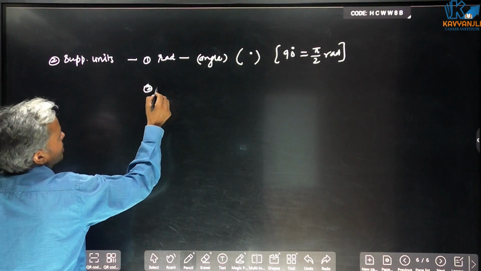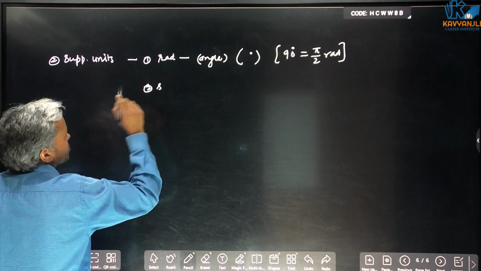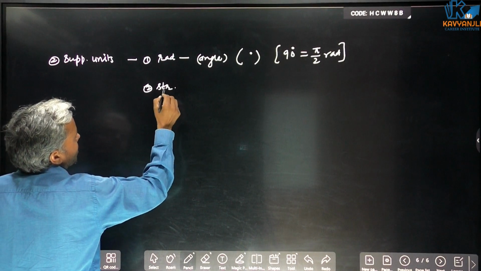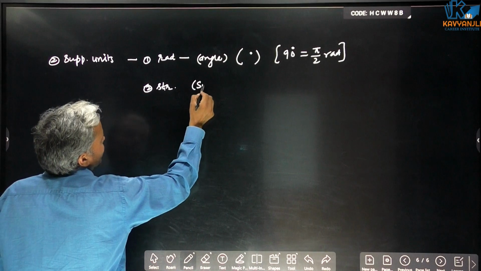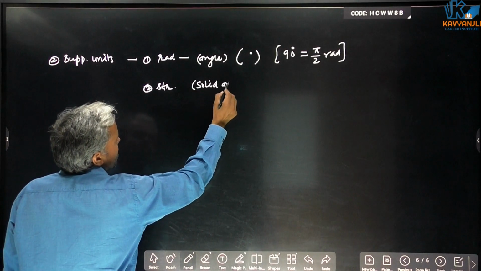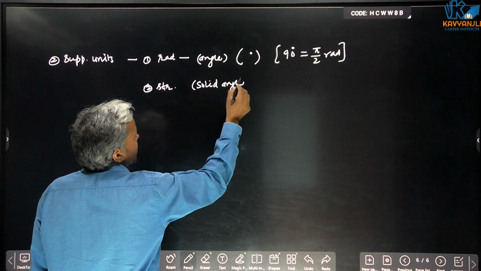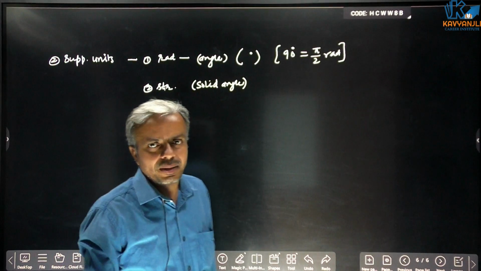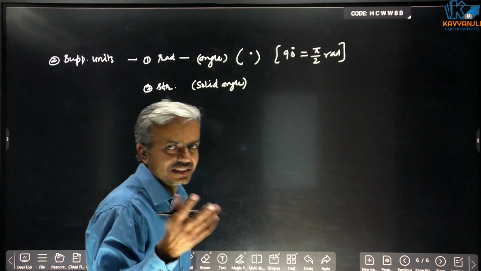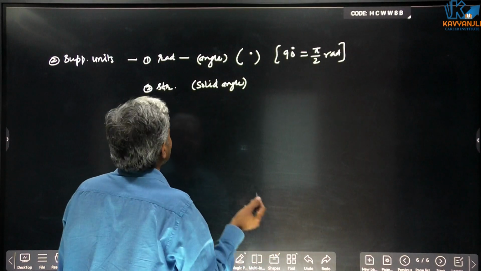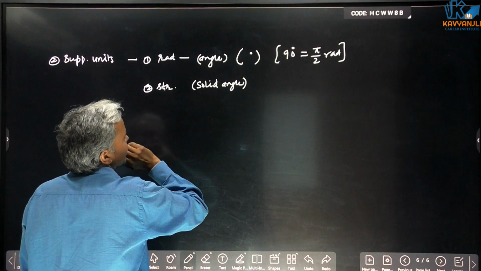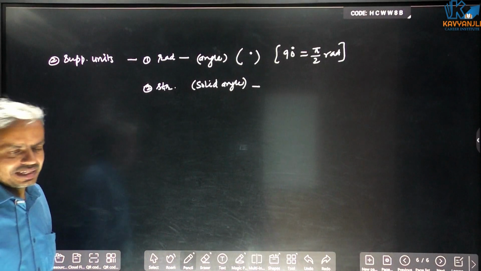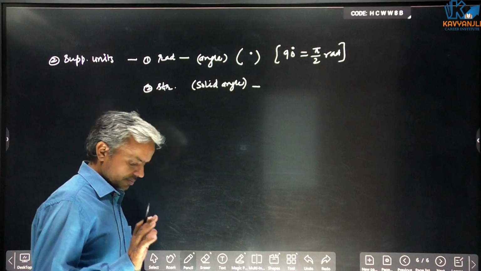Another is steradian. It is solid angle. What is solid angle? Like an angle made by a cone. Cone is a 3D shape. So 3D shapes create 3D angle. So in 12th class we do not use this.